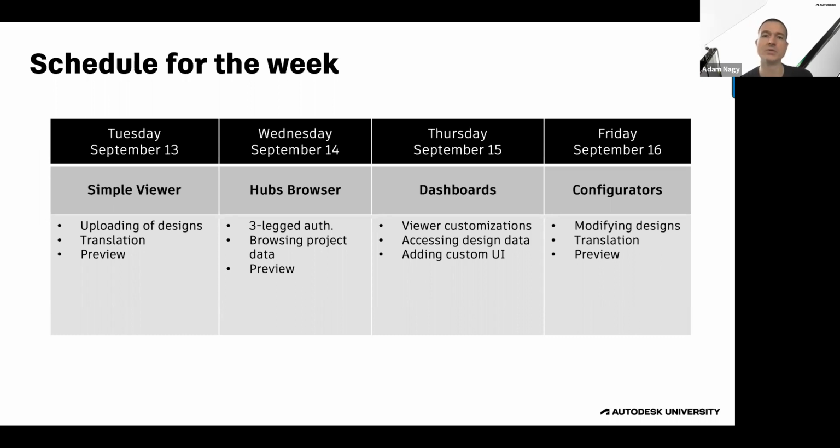This technology enables you to create new ones of those or modify them. Once you modify the design, it's also going to be translating that, and then again you preview the results, what happened during the configuration.